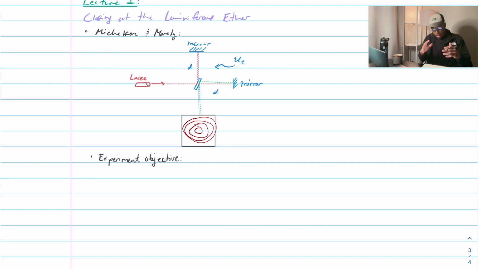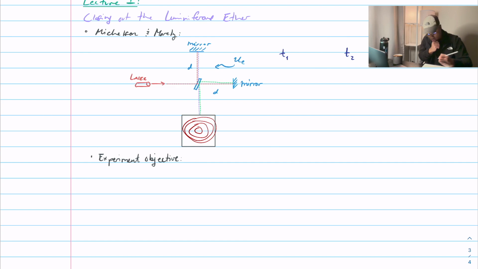If you were to change the distance d here, then you will notice that this fringe pattern will change. I'm going to start off by giving a small depiction of how the interference fringes will actually change.